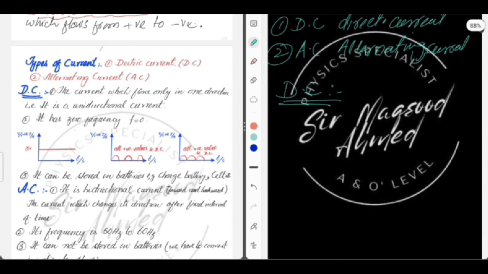The direct current is defined as the current which flows only in one direction, or we can say that the current which does not change its direction is called DC or direct current. As the DC has only a single direction, DC is also known as unidirectional current.